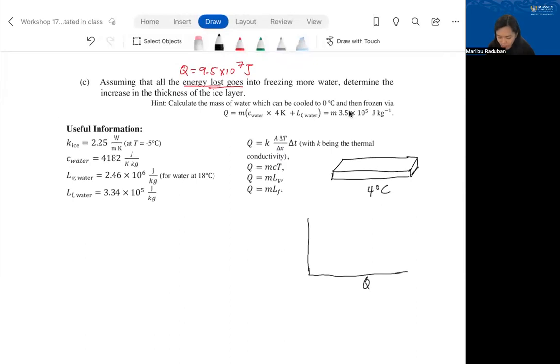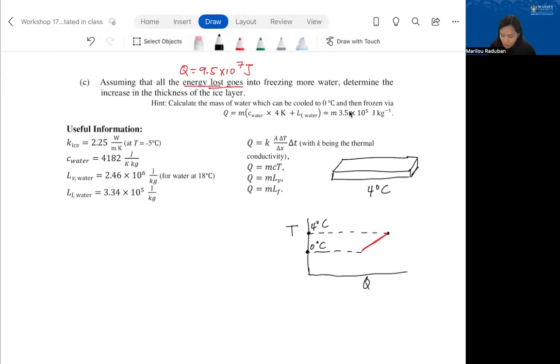If you look at how the temperature changes as the water loses heat, you start with 4 degrees Celsius water, and as it loses heat, its temperature will decrease until it reaches 0 degrees Celsius, right?